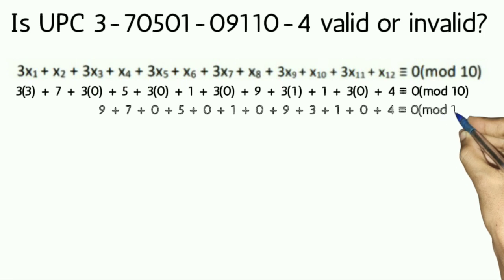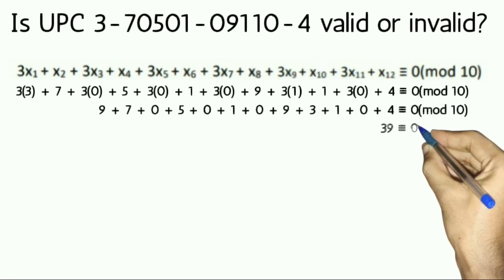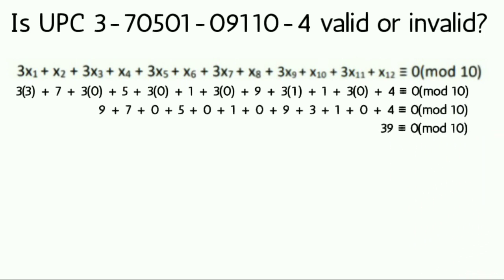After adding all of these numbers, the result is 39. Para maging valid yung ating UPC, dapat yung 39 minus 0 should be divisible by 10. 39 minus 0 is 39. 39 divided by 10 is 3.9. Meron tayong decimal.